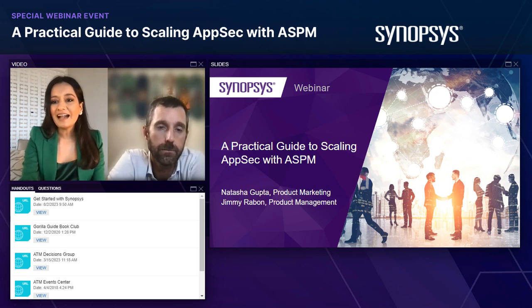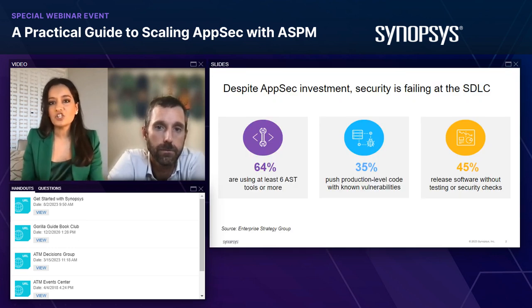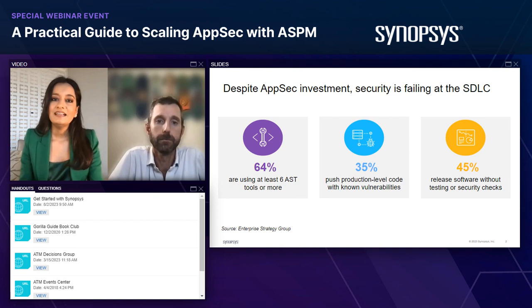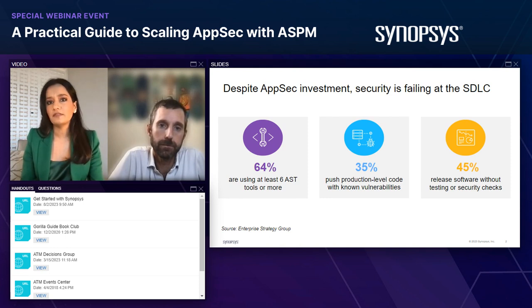And with that, I'd like to give a brief introduction as to what we see at large with the market landscape, and what we are noticing when we look at the fundamental problems that we see with traditional AppSec. One of the major parts of this is that a lot of organizations have really invested in application security tooling.